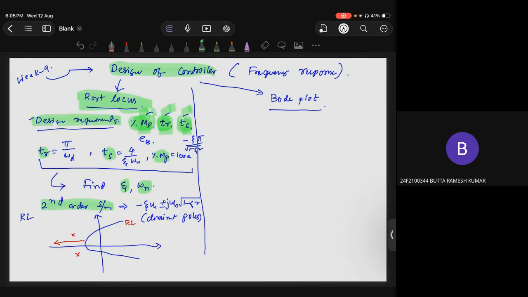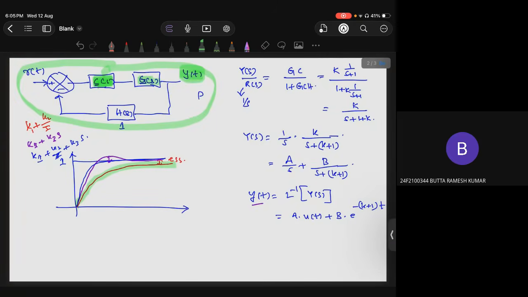The techniques we have learned so far are root locus and Bode plot. What is the significance of the feedback path, sir? If there is no feedback, you apply some input, you get some output.